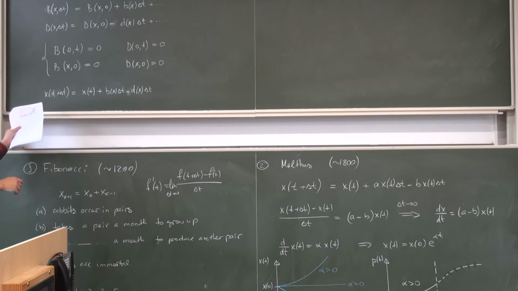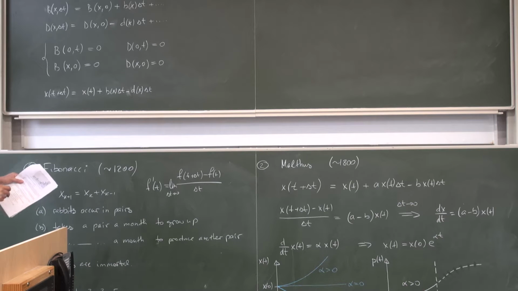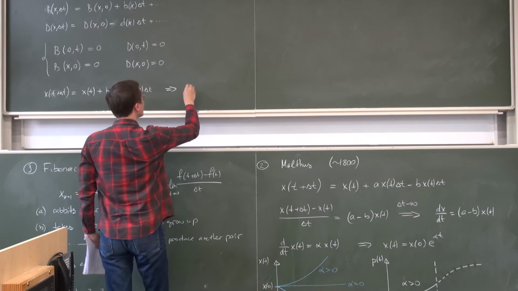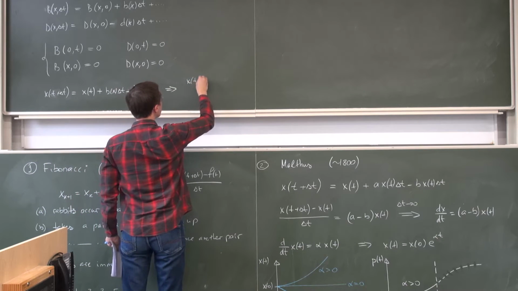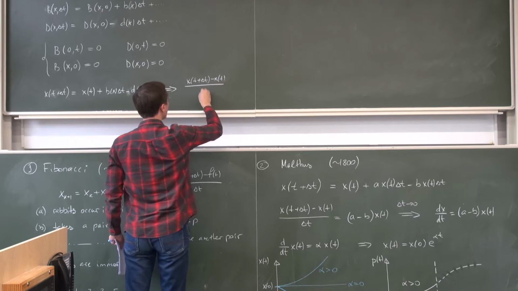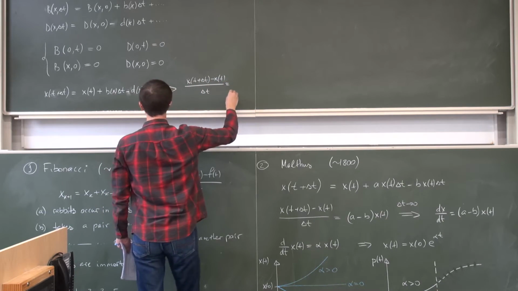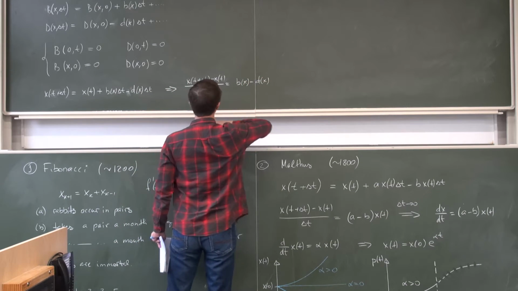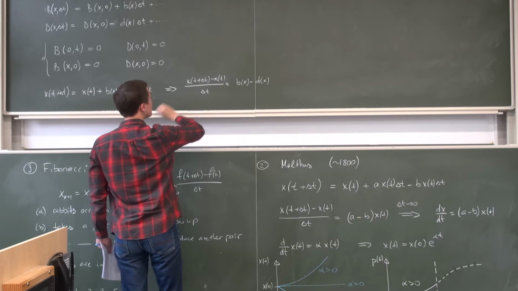Okay, now we do exactly the same as Malthus did. Yet again we move x over there, and divide both sides by delta t. We have x of t plus delta t minus x of t over delta t is our b of x minus d of x, and that's the limit.